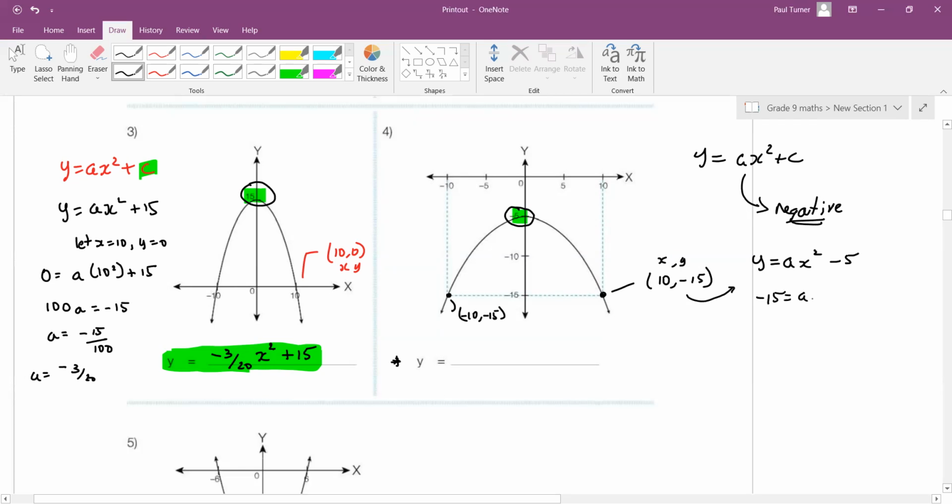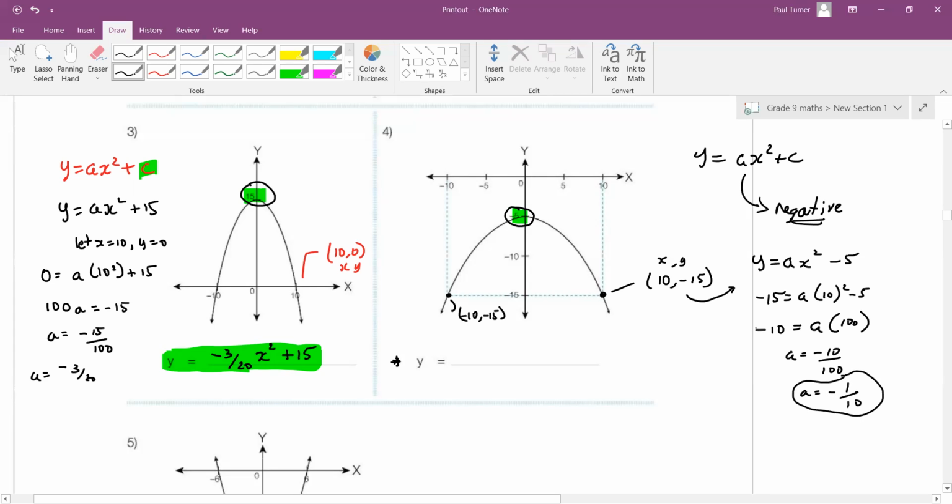So then you're going to get -15 equals a times 10 squared minus 5. So minus 15 plus 5 is minus 10 equals 100a. So A must be minus 10 on 100, which is minus 1/10. Some of you, I think, missed the negative sign.